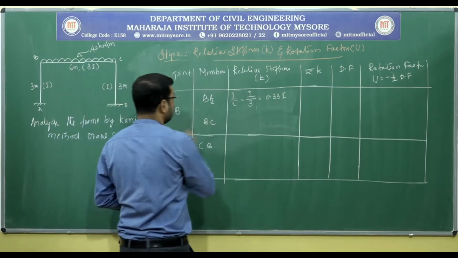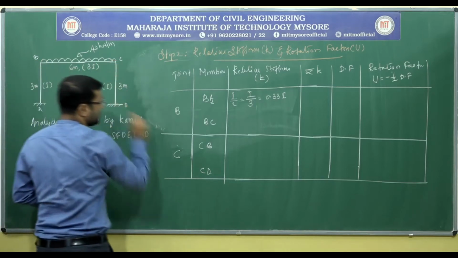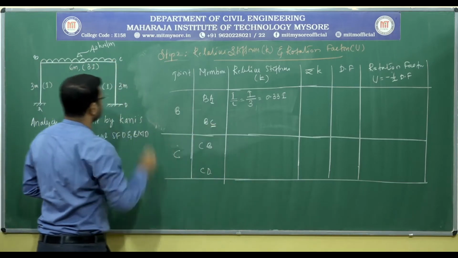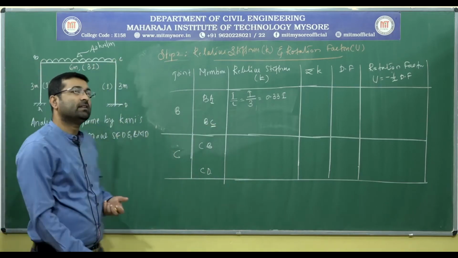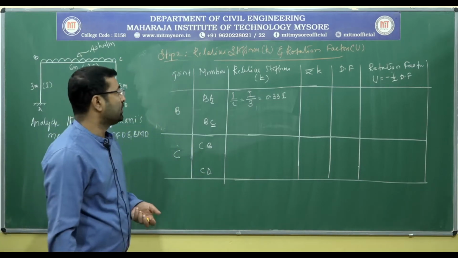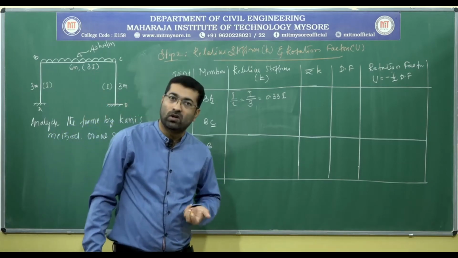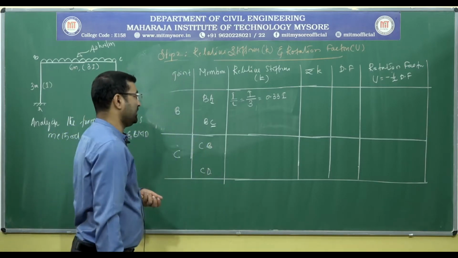Now for member BC, B is the near end and C is the far end. Here C is an intermediate support or an intermediate joint, and we know that in structural analysis we consider all the intermediate joints as fixed.